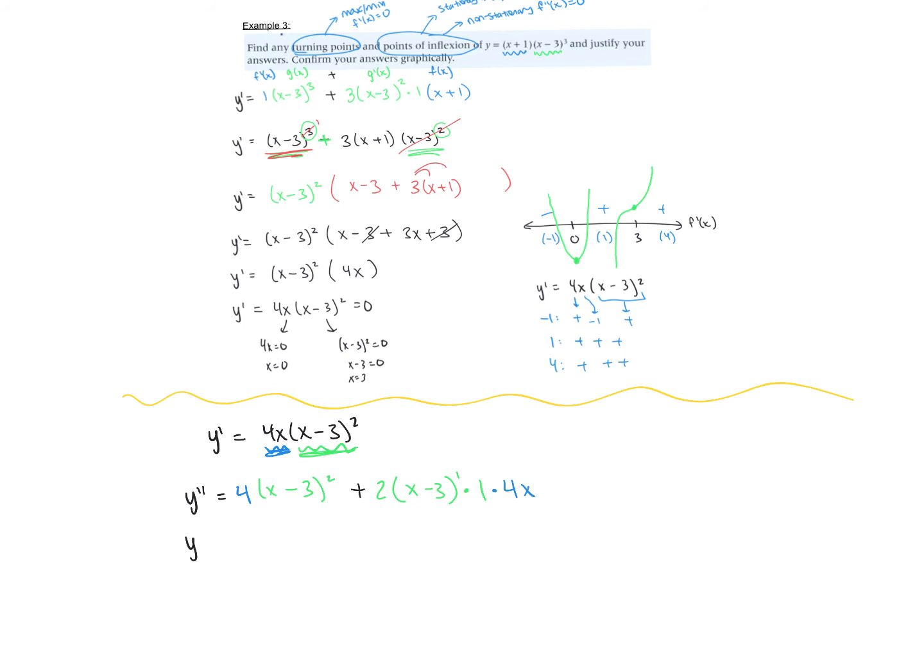Okay, so this is 4(x - 3)^2 + 8x(x - 3).